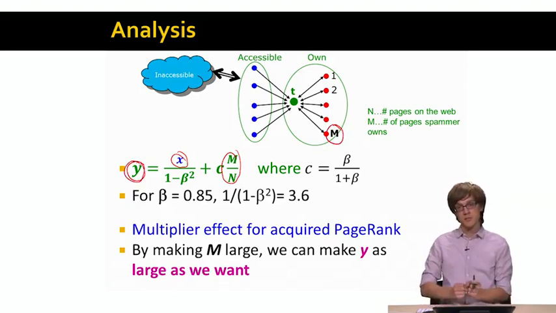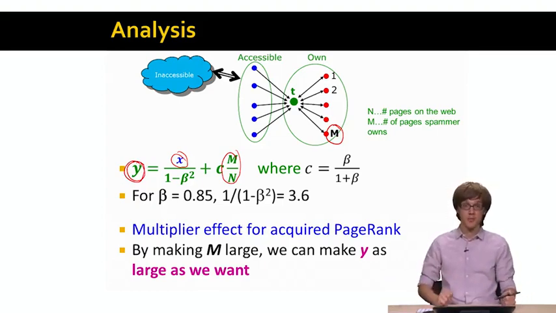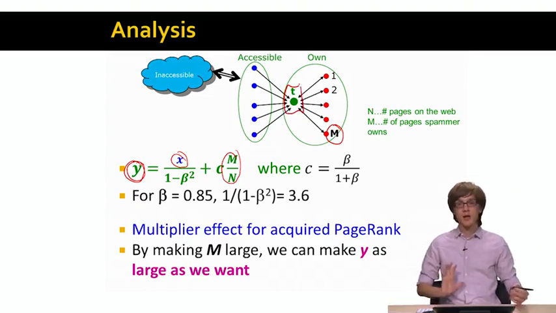In some sense, a web spammer can create an arbitrarily large number of pages, so m can be arbitrarily large, which means that the PageRank score of the target page T can also get arbitrarily large. And of course, in reality, n is huge.